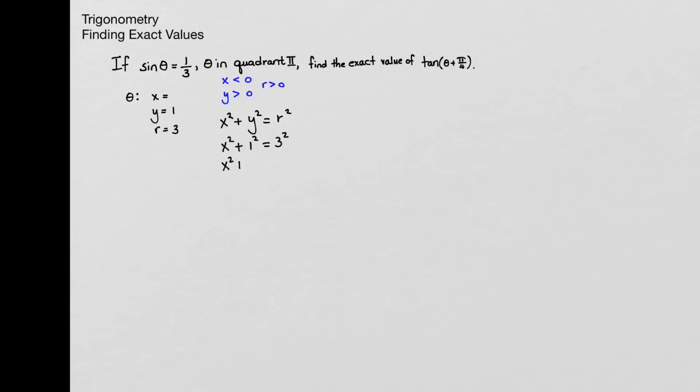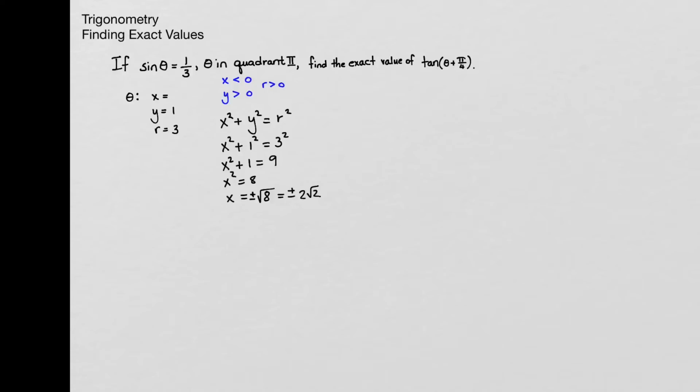So x squared plus 1 equals 9. That tells me that x squared equals 8. And finally, x equals plus or minus the square root of 8, which is plus or minus 2 square root of 2.